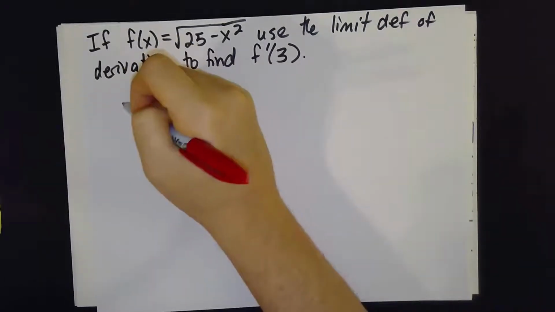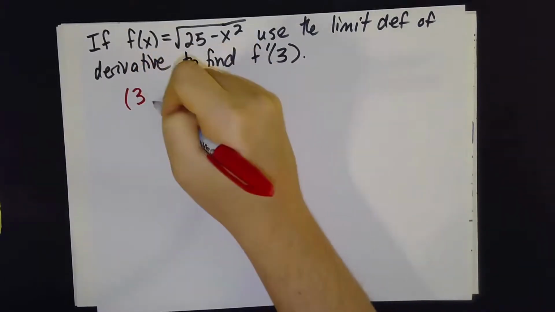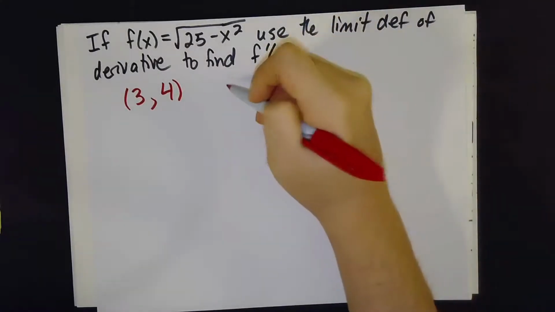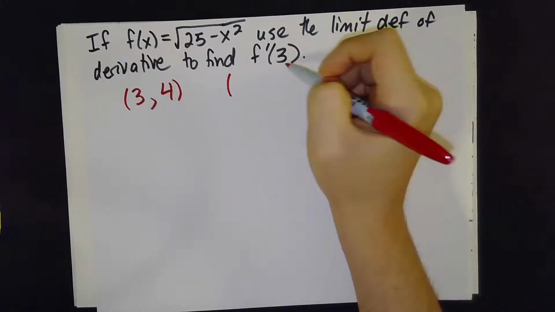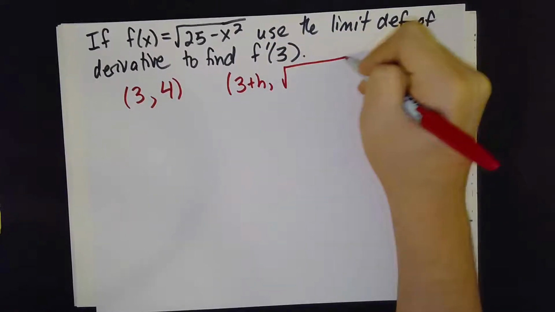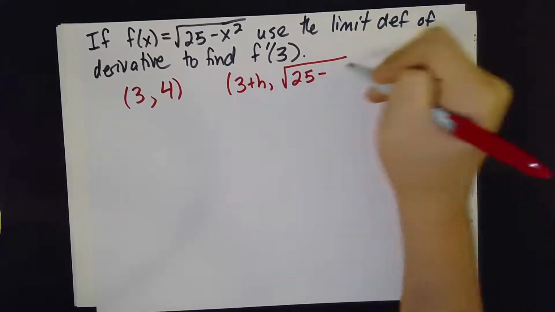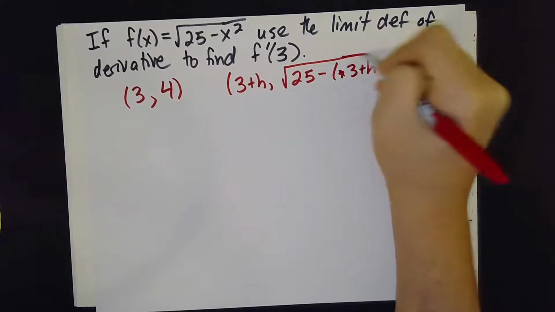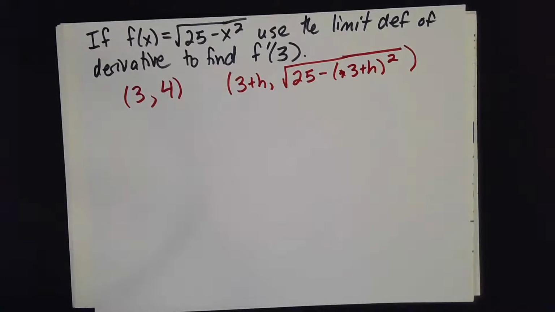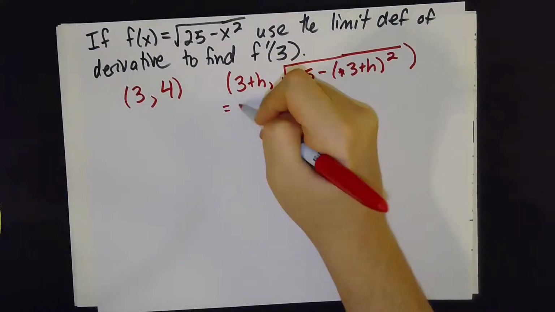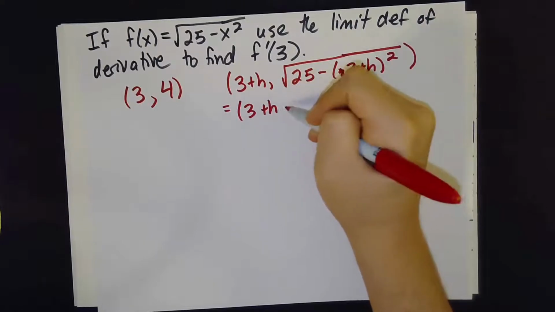So here we need to write down our 2 points. So the first point is 3, 4. And then we bump that point a smidge to the right, like that. And it'll probably make my life a little bit easier if I simplify this first.